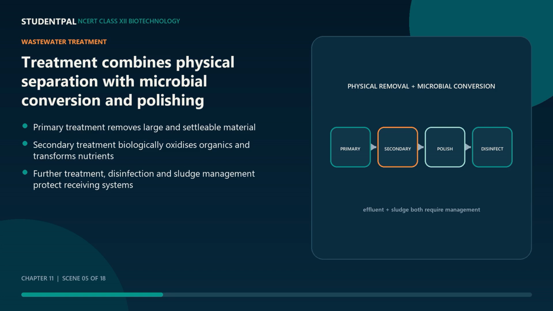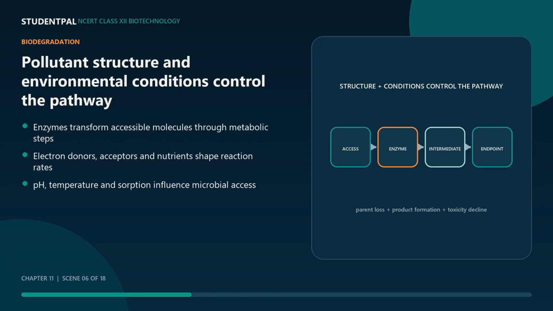Further treatment may remove nutrients or specific contaminants, followed by disinfection before discharge or reuse. Performance is assessed through appropriate chemical, microbiological, and operational measurements. Clear-looking effluent is not sufficient evidence of low organic load, pathogen safety, or ecological suitability.